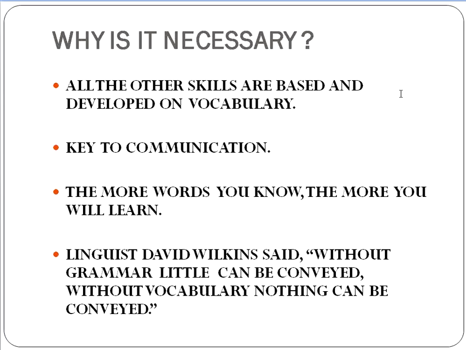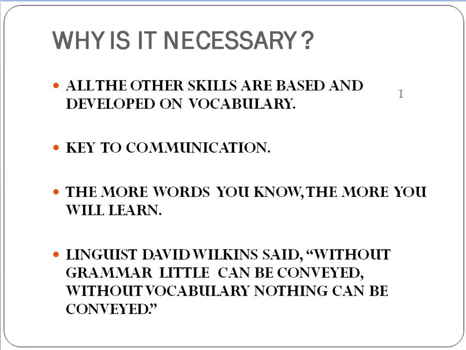We have already learned about the language skills: listening, speaking, writing, reading. All these skills are based on the knowledge of vocabulary. If you do not have proper knowledge of vocabulary, then you cannot work on the other language skills. That is why it is important that we make our students go through English vocabulary.